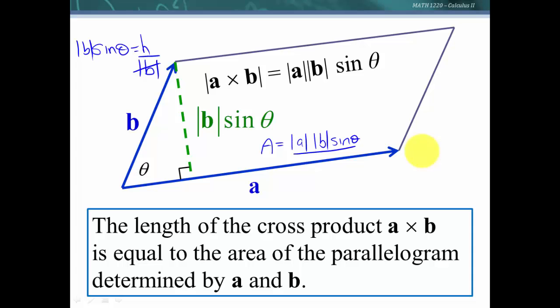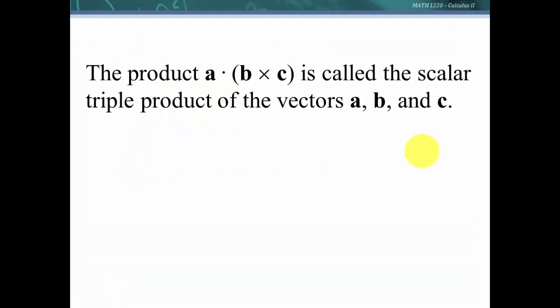Now, the product a dot b cross c is called the scalar triple product of the vectors a, b, and c. Because when we cross these two vectors we get a vector, but then when we take this vector and dot it with another vector, we will get a scalar.